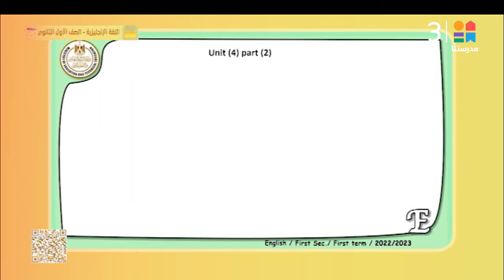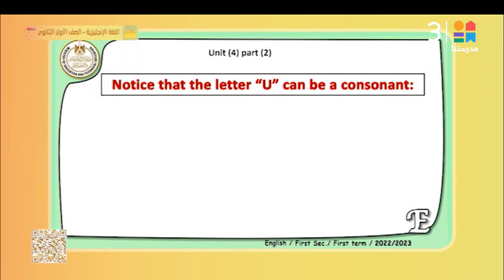Look here at the letter U. The letter U sometimes is a vowel and sometimes a consonant. For example, if I say an uncle, here the letter U is a vowel. We say uncle, an uncle. An umbrella, we say an umbrella because U here is a vowel and we use an.